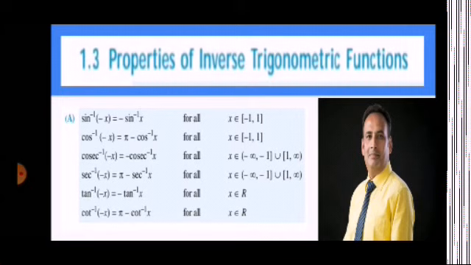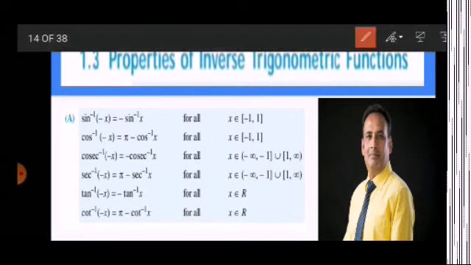Now how will you put this in memory? If you consider sine inverse x, cosec inverse x, and tan inverse x, these simply give the negative of sine inverse x, the negative of cosec inverse x, and the negative of tan inverse x. This means these functions are odd functions.